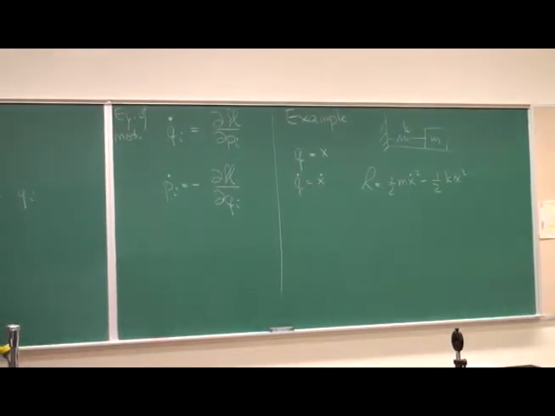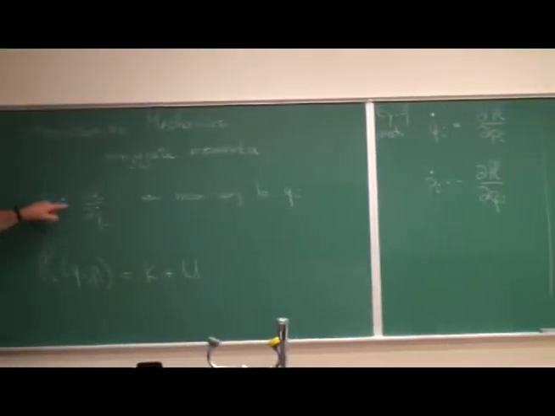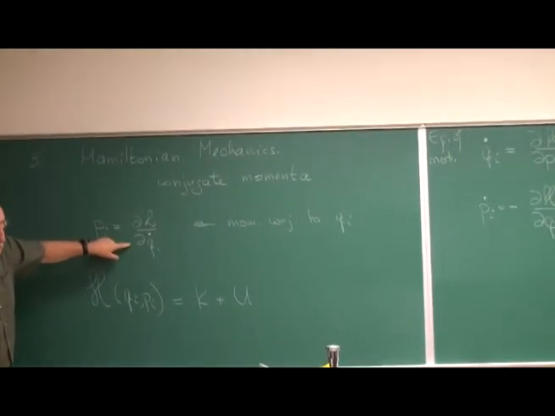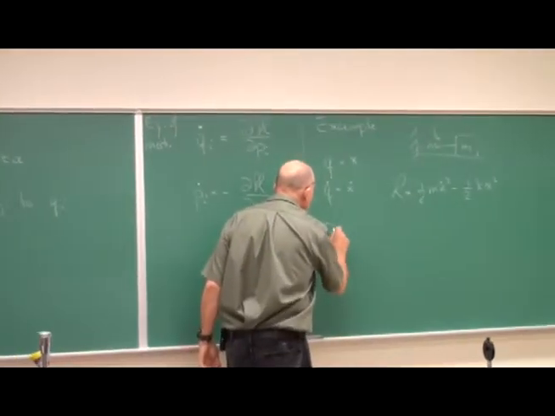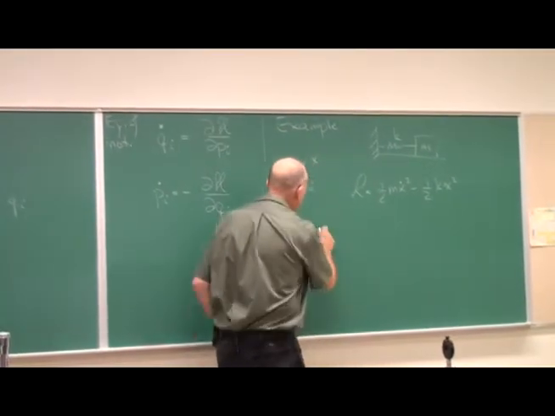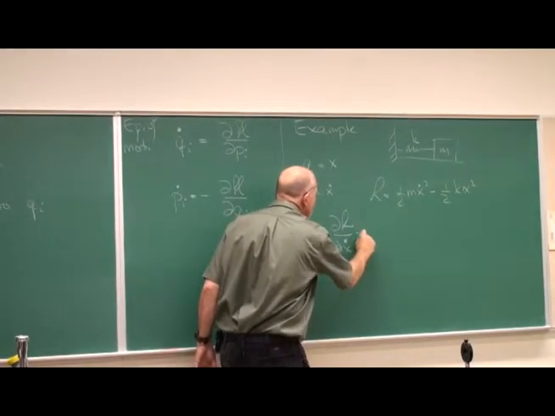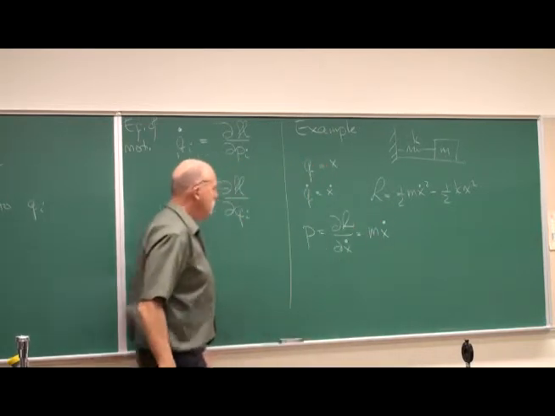And now we want to get the conjugate momentum. We just take the partial of the Lagrangian with respect to Q dot, with respect to x dot. So P is just the derivative of this with respect to x dot, and that is just m x dot.